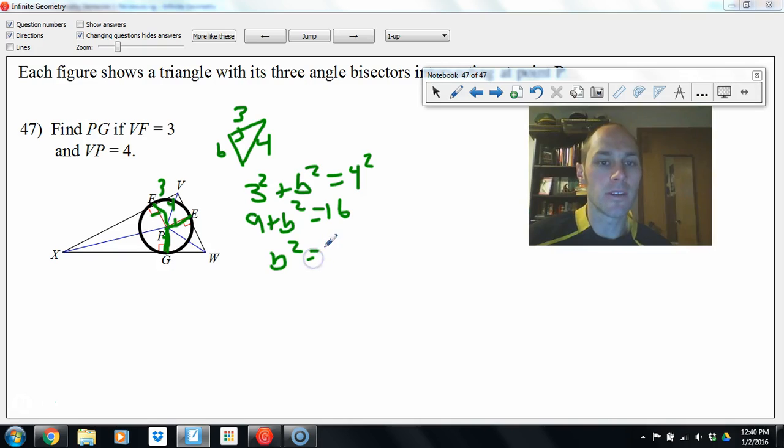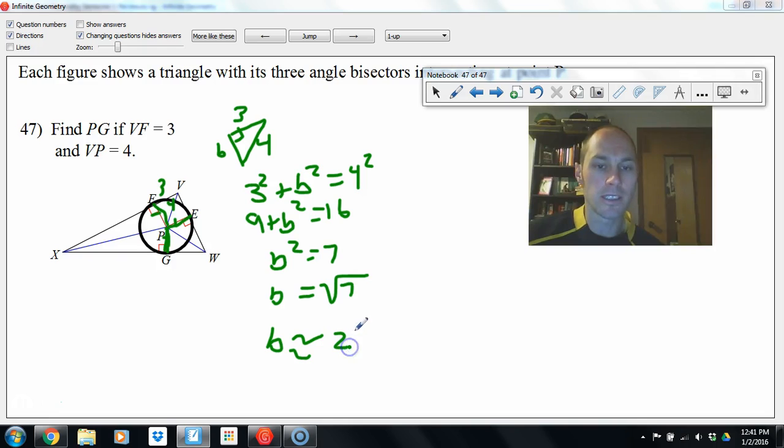B squared is 7. So B would be the square root of 7. There's no factors I can take out of that, so square root of 7 would be the exact solution. If I wanted to approximate it, B would be approximately 2.65. And since FP is the same as that, PG would be the same as well.